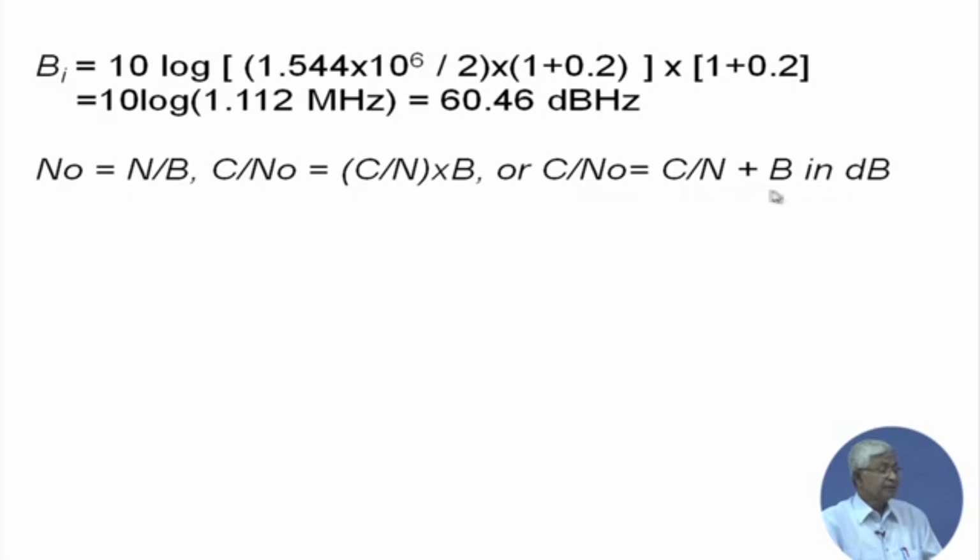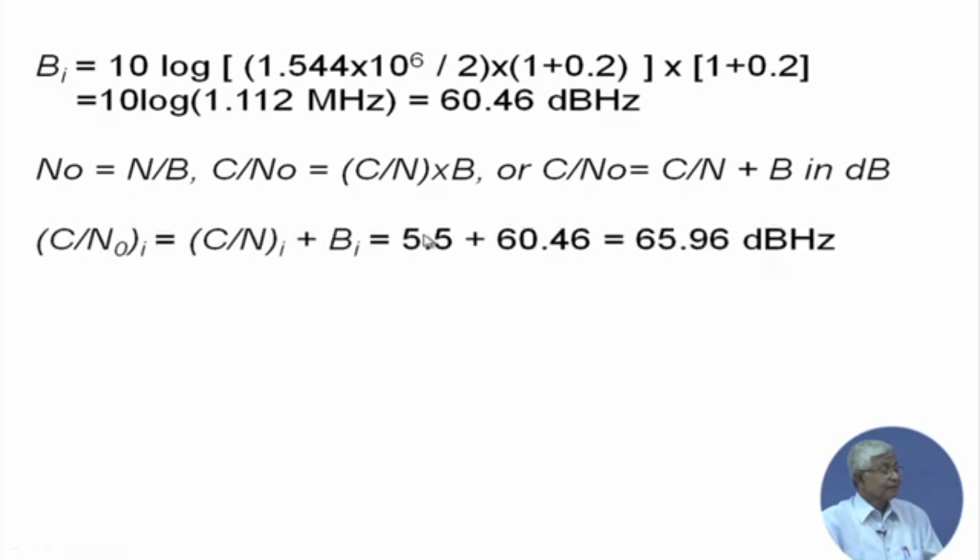This part is in dB, this part is in ratio. So, C/N0 of the ith carrier, all carriers are the same, each individual carrier is C/N_i plus the bandwidth B_i. Now, C/N_i is given, C/N was given as 5.5 dB and bandwidth we have calculated. So, C/N0 of an individual carrier we have calculated as 65.96 dB-Hz.